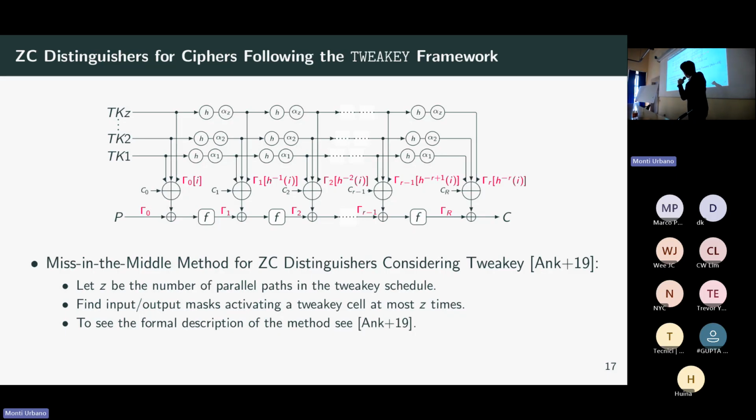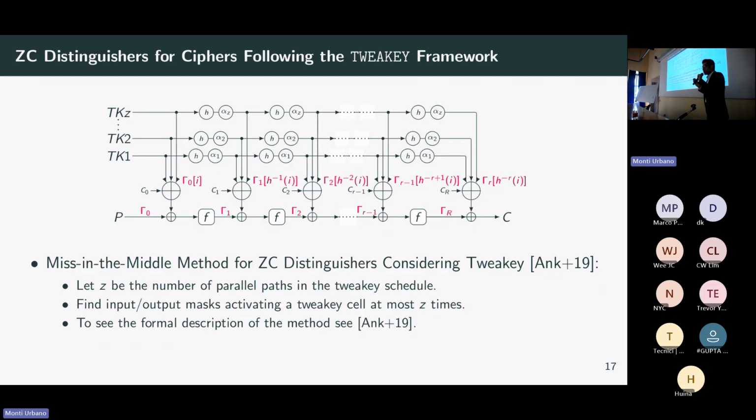You can see the tweakey path at the top, and you can see the data path at the bottom. In this example, there are Z parallel tweakey paths in the tweakey schedule. The theorem says that if you find an input-output mask which activates a tweakey cell at most Z times, then this input-output mask gives a zero correlation distinguisher.